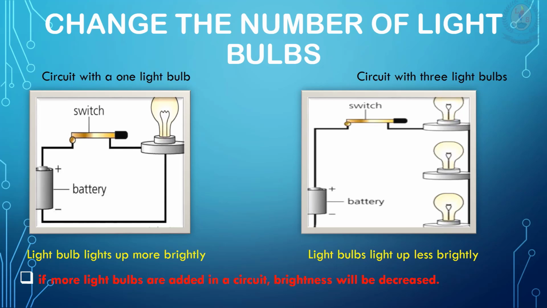So, what happened to the brightness of the three bulbs? Yes, my dear children, the light bulbs light up less brightly in the second circuit. So, in these two pictures, we can identify that if more light bulbs are added in a circuit, brightness will be decreased.